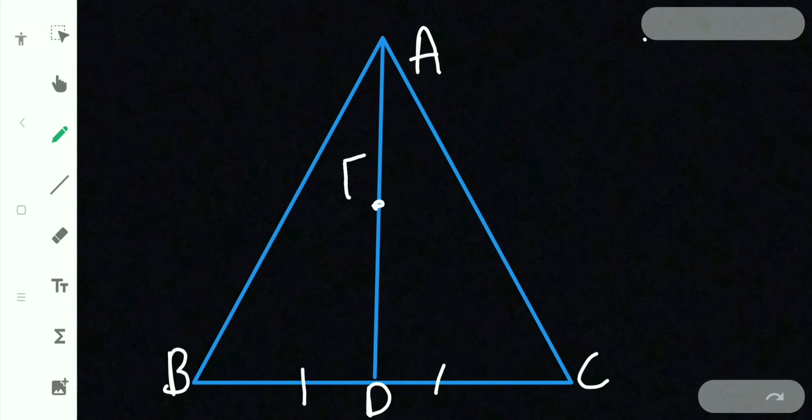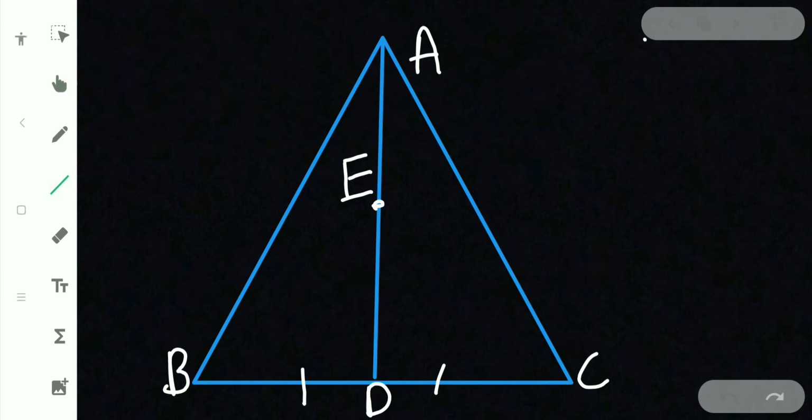E is midpoint of AD. Now here we have a line from B through E that meets AC at point F. So this point is known as F. That's what they said.